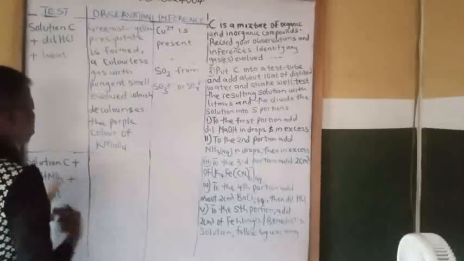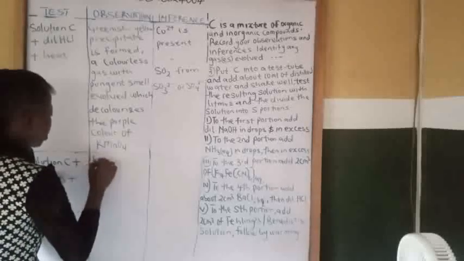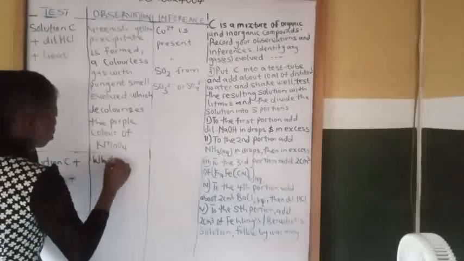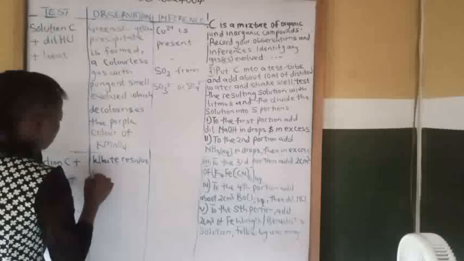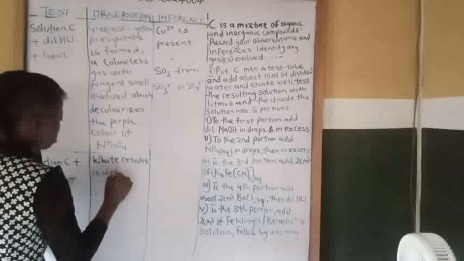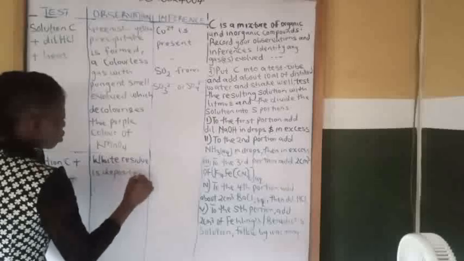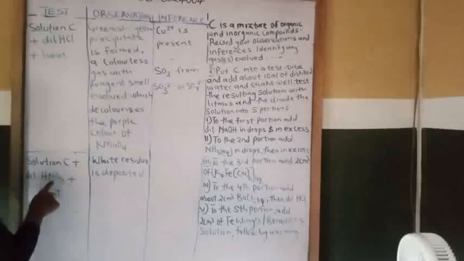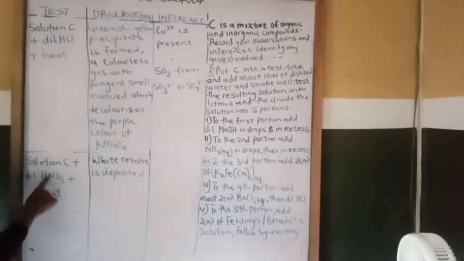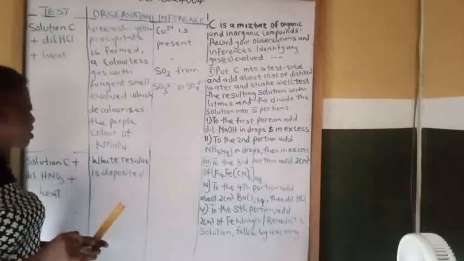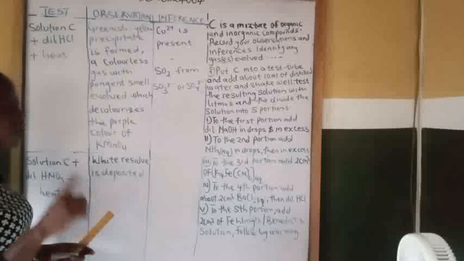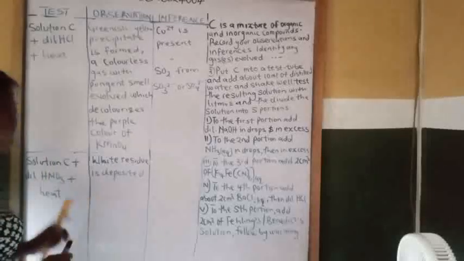So what will be our observation? White residue is deposited. So there will be evaporations of NO2 from NO3. There will be evaporations of NO2 gas, that is nitrogen 4 oxide, from this HNO3.